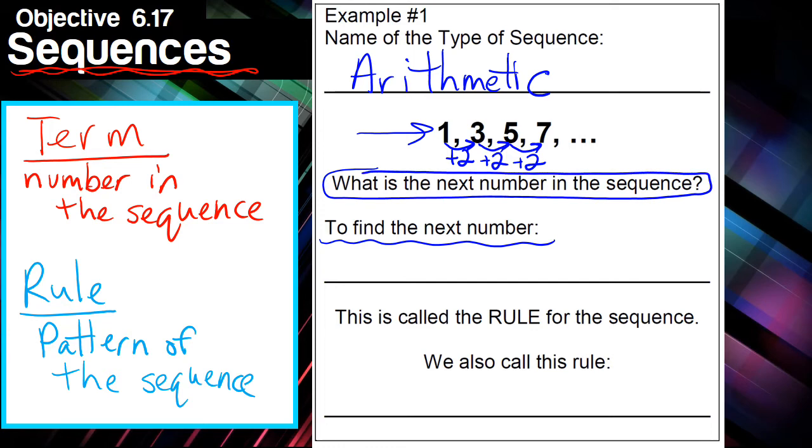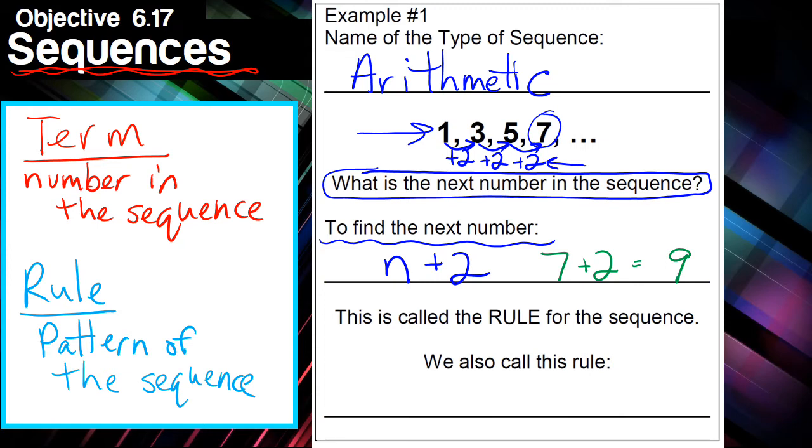To find the next number, we use the letter n. We're going to make a little expression here. The letter n talks about the last term in the sequence, 7, and then we add our rule in, plus 2. If we changed out n for 7, 7 plus 2, our next number in the sequence would be 9.